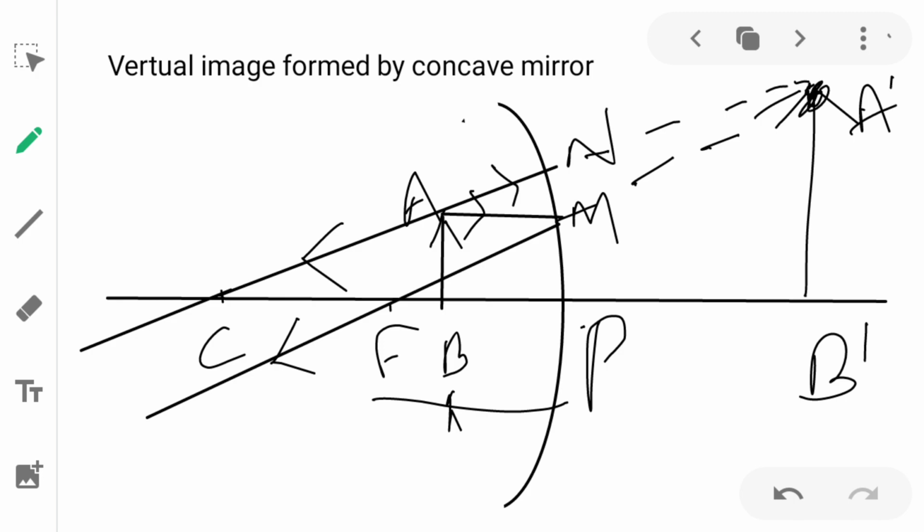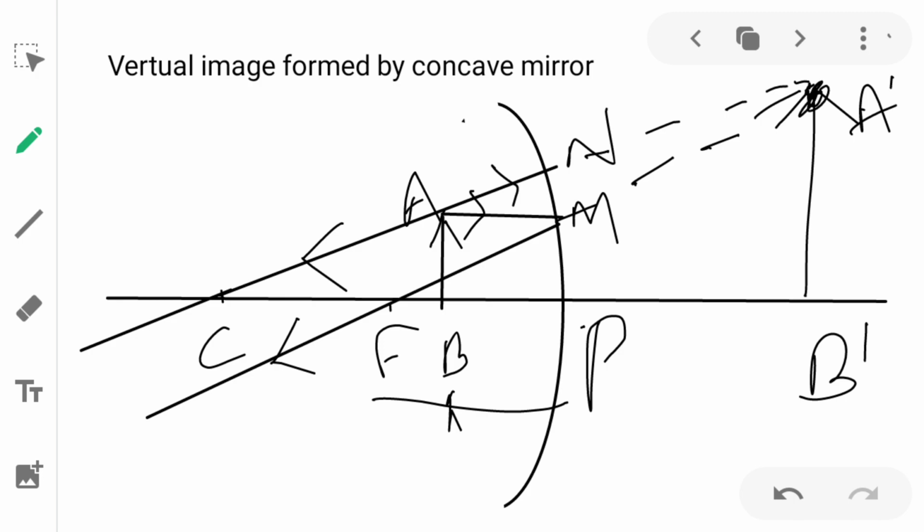Now where are such mirrors used? In a makeup kit, a small concave mirror is used. Otherwise you would not see an erect image of your face if the object is beyond the focal length.